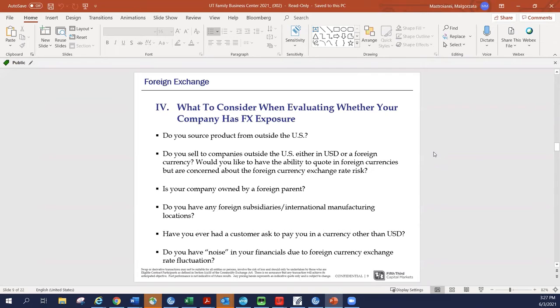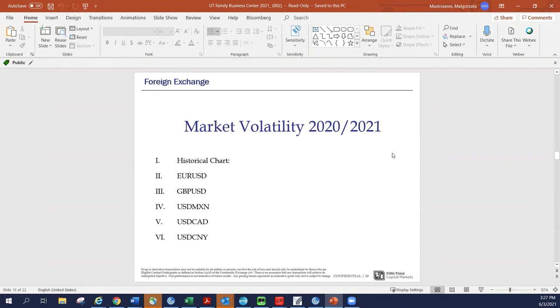If you decide to quote them in euros, pounds, whatever the currency might be, you will have foreign exchange risk. So if you take a look at your statements and there is noise there, if you see translation gains or losses, obviously you have foreign exchange risk.